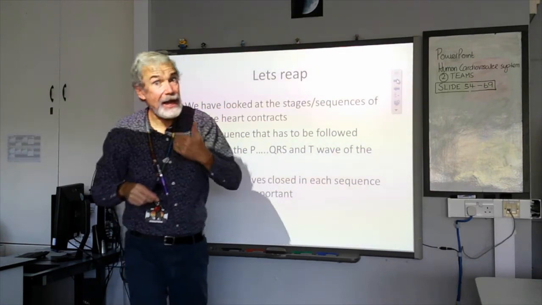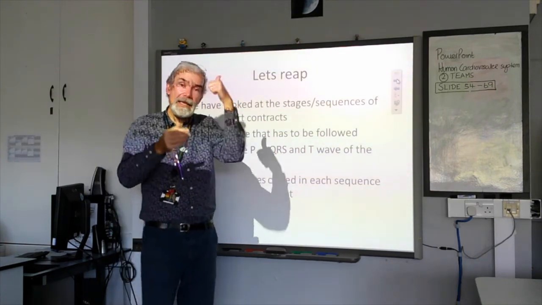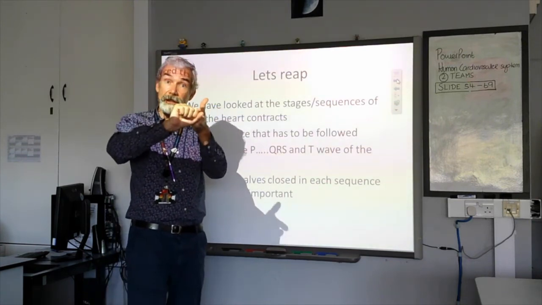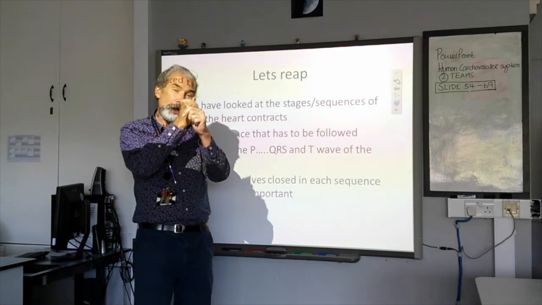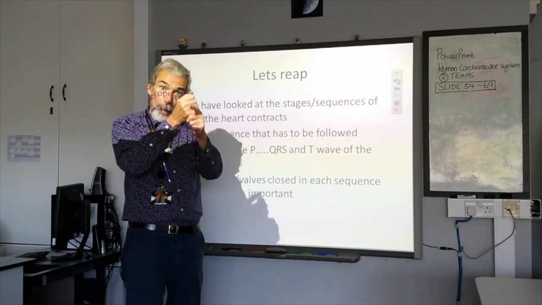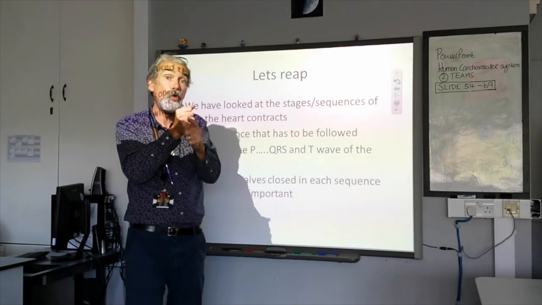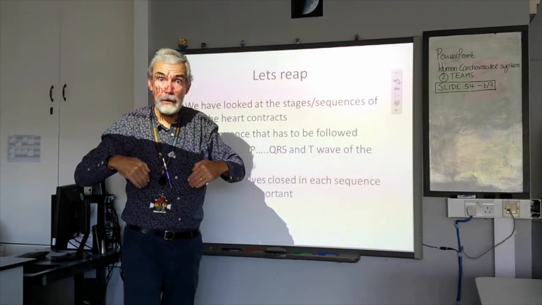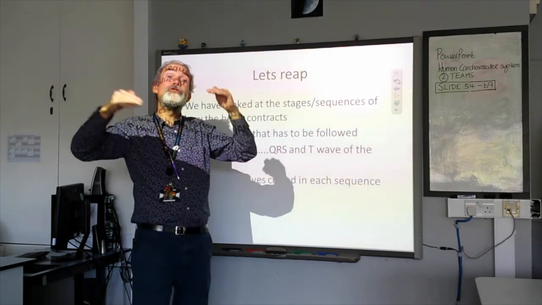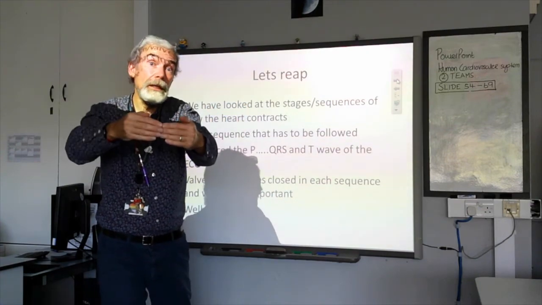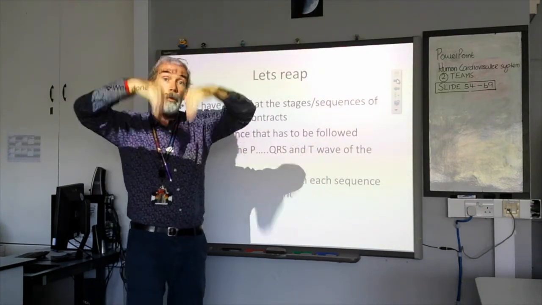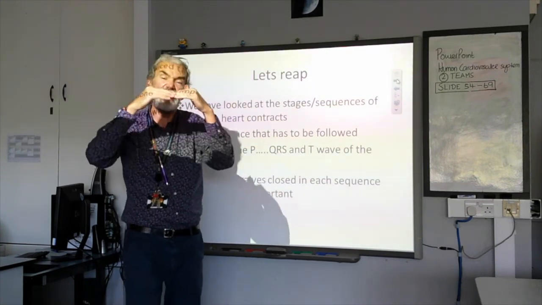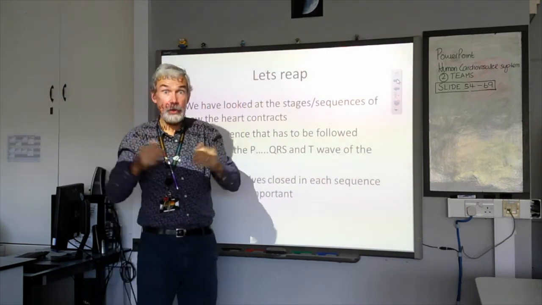Of interest, I am looking specifically: can you identify where we see the P wave, the QRS wave and the T wave? Can I clearly see that you understand why pressure is so important in either opening or closing valves? Can you, on your diagrams, really show me that the valves are either open or closed? And can you go through the sequence? That's what I'm looking for.